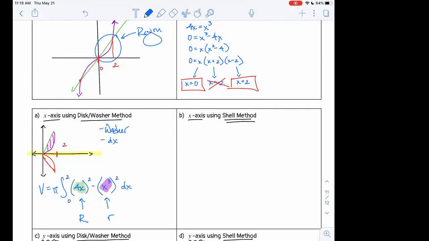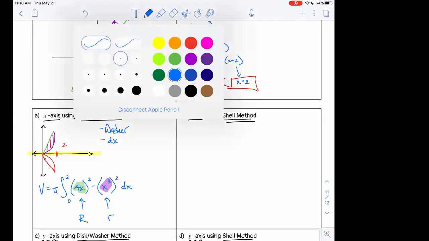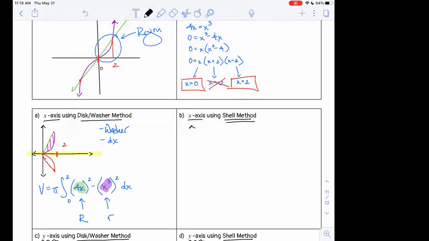Okay. So let's take a look at how this will be similar or different for shell method. So I'm still going to draw the same setup. Okay, maybe I'll space it out a little bit better this time. So we've got our linear function, and we've got our cubic function, and I know that we're stopping at 2, and the reflection is going to look something kind of like this.